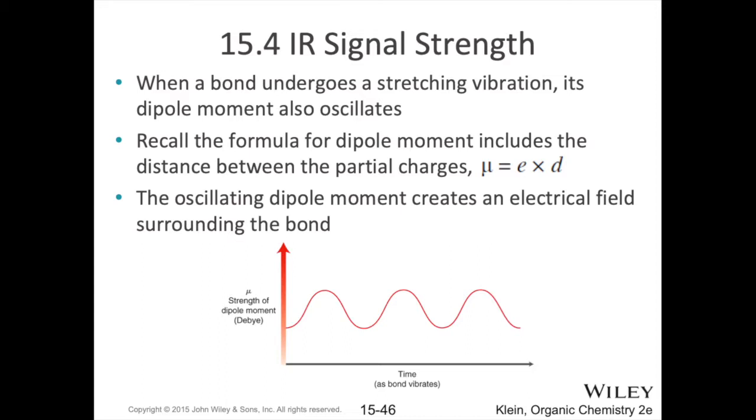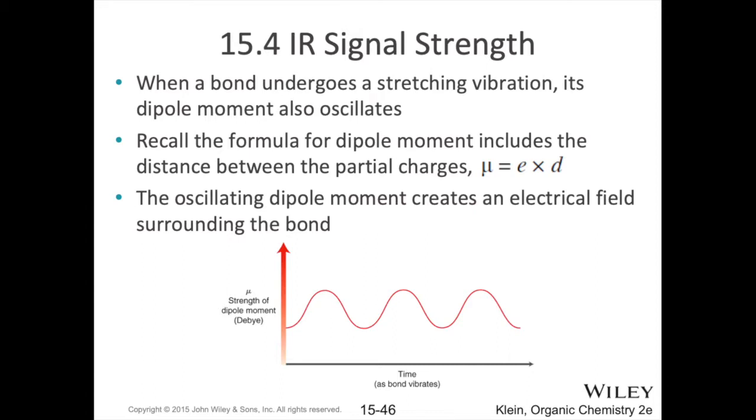As the atoms get further away from each other, as you stretch out that bond, you're going to increase that dipole moment, and you also have it decrease as they get closer together, as that bond squeezes closer.